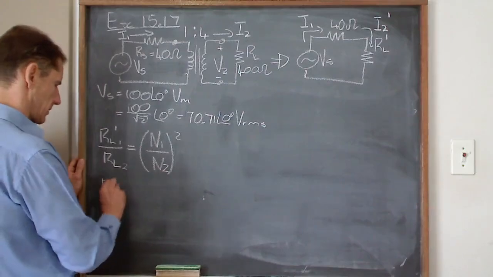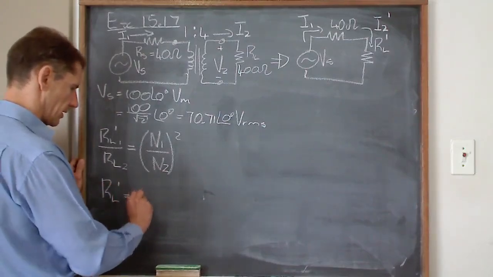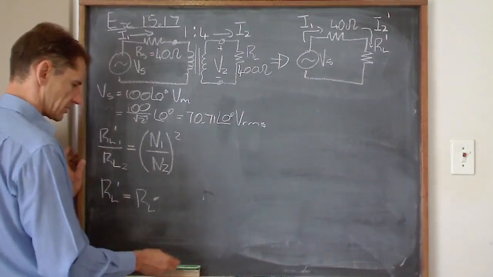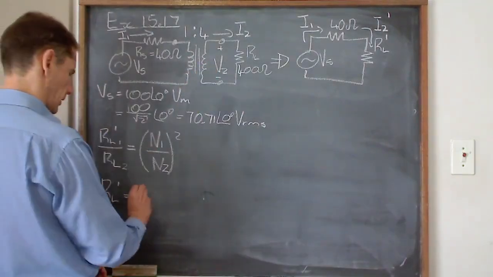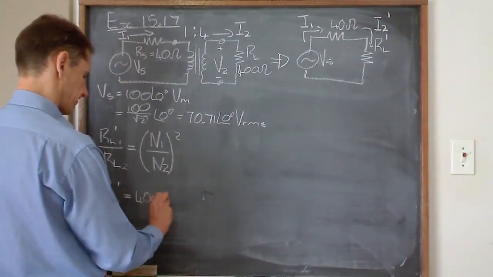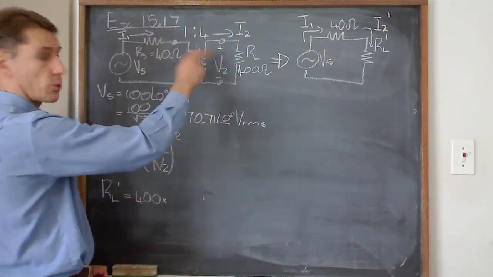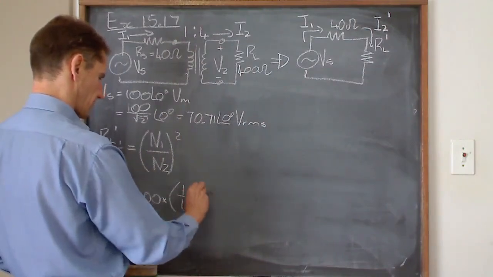So RL prime is going to be RL times, let's substitute. RL is 400, multiplied by the ratio. N1 is, oh, it's a 1 to 4. It's a step up, so it's 1 over 4 squared.